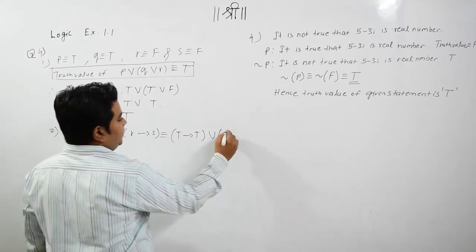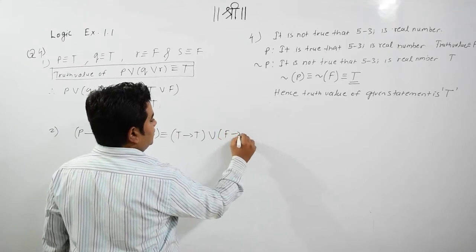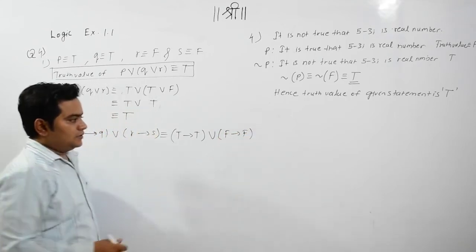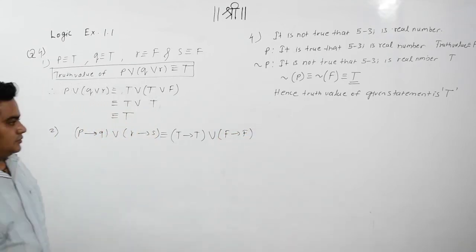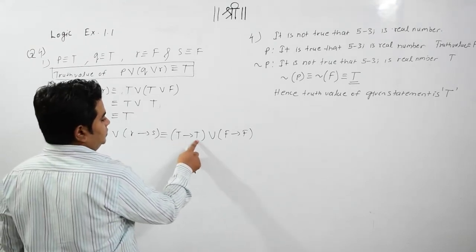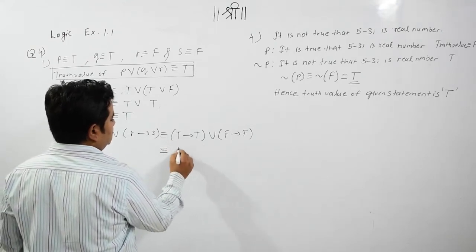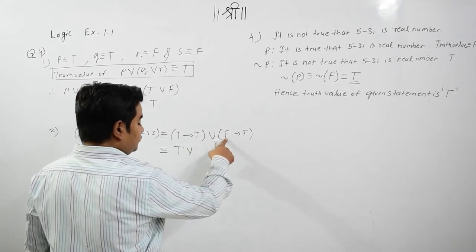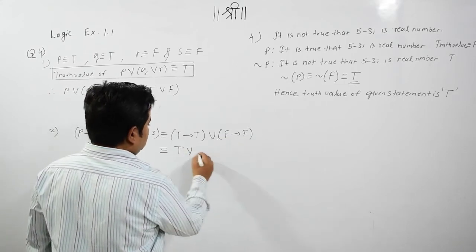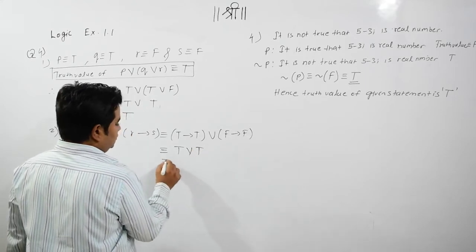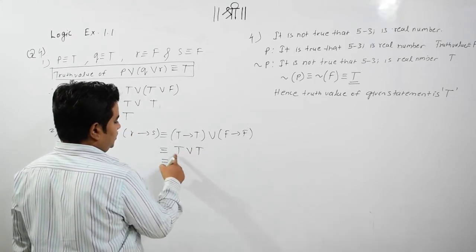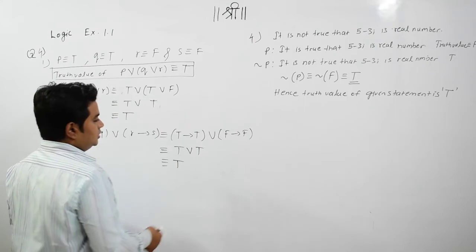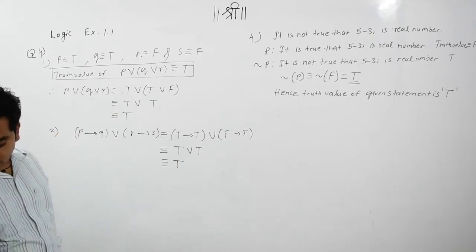Now next step, F implies F. Now what is the meaning of F implies F? Okay, if you study you will pass, which is true. If you won't study, you won't pass, so that is also true. So what is again the truth value of T or T, which is true. Hope you are getting these questions.